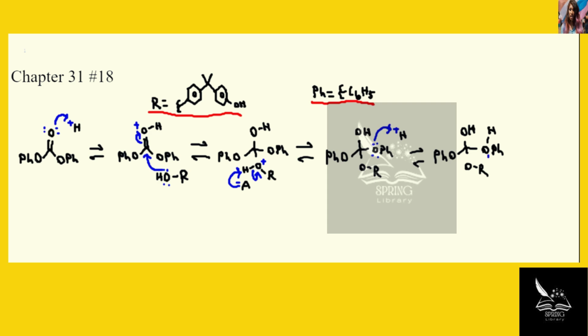So this oxygen now has a positive charge on it and three bonds. What this sets the stage for in this type of reaction is for that group to leave. It can just leave as phenol. And so when that happens, we'll be here.